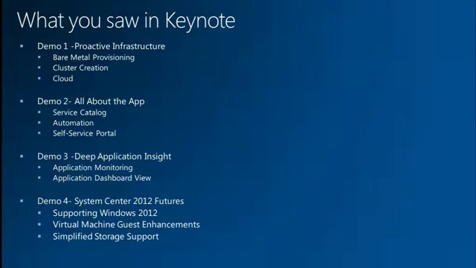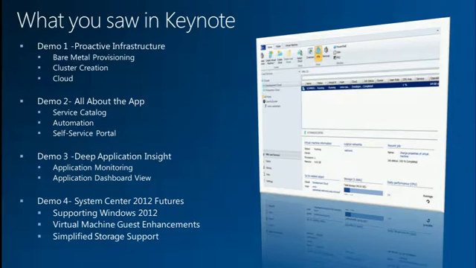Now, the first demo that we saw was the proactive infrastructure. This was one where, I'll walk you through the four of them. The first demo was the proactive infrastructure one. That was Vijay Tiwari showing you how Fabric administration was being expanded upon in Virtual Machine Manager primarily.